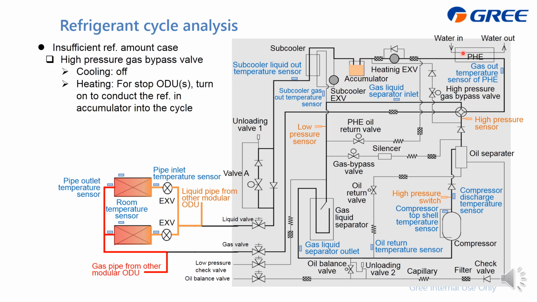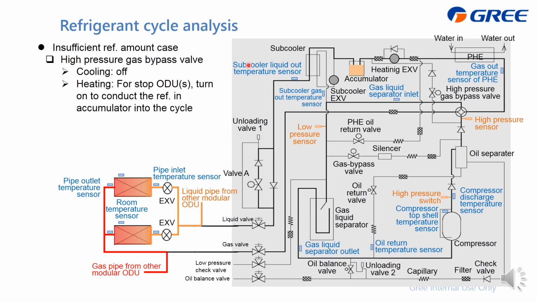The size is not that big, it cannot store too much refrigerant, so we need to create this one here. And also we need to adjust the system operating refrigerant amount. It means we need to make it very sensitive, and here are the adjusting methods.